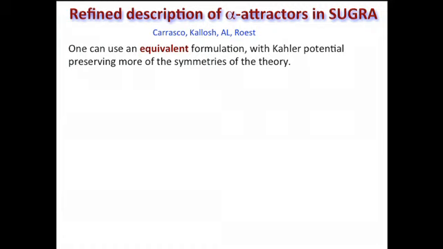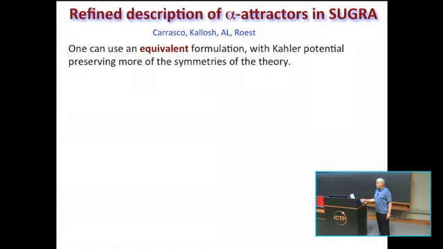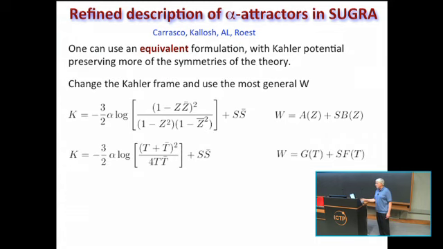So we got it, but we wanted to make it more beautiful, at least in some respects. So one way of making things beautiful is to make them more complicated first. So you take this Kähler potential and you add some other terms here. Why did I do so?